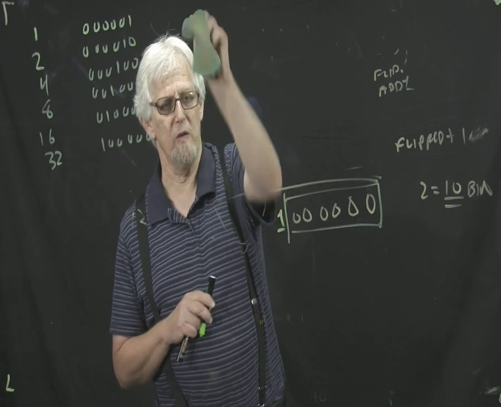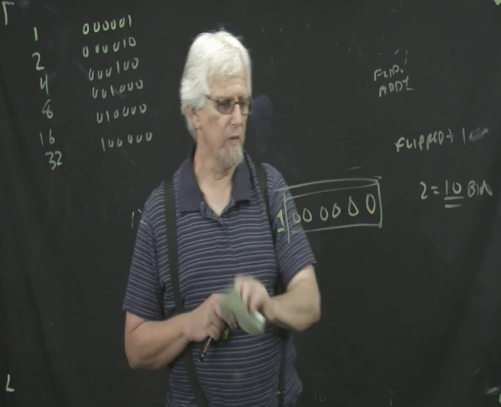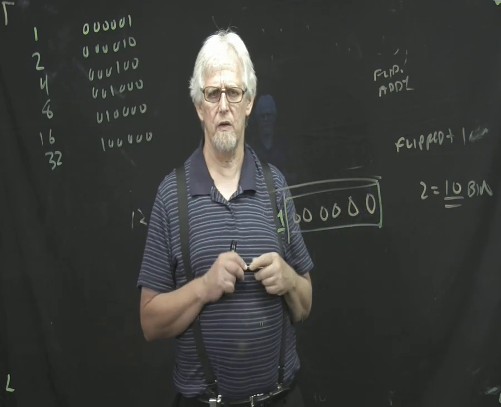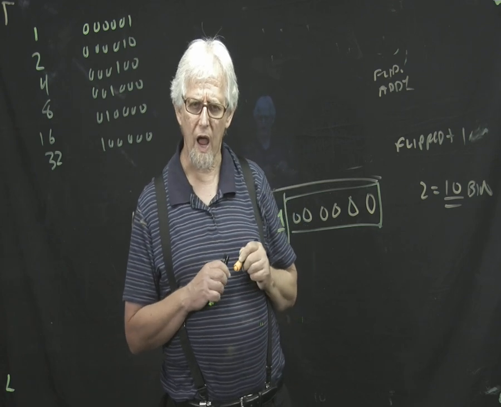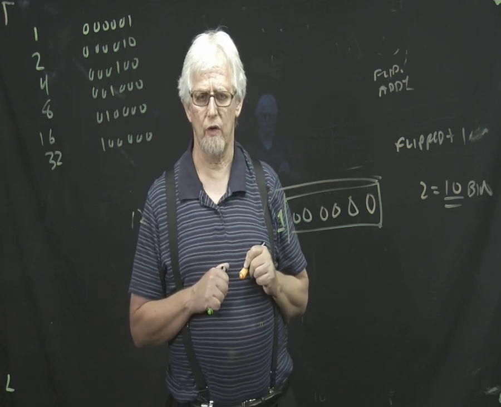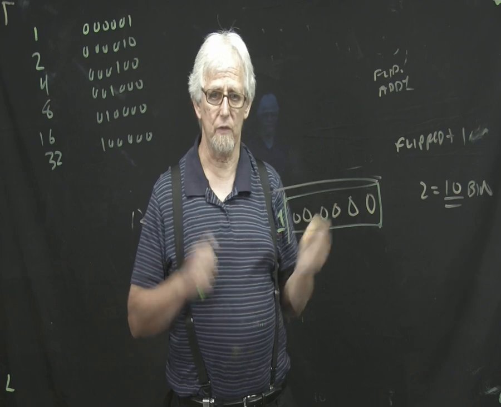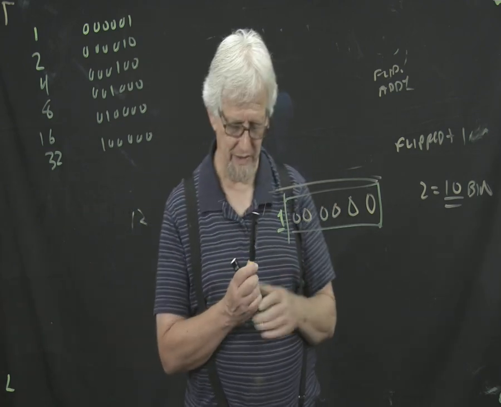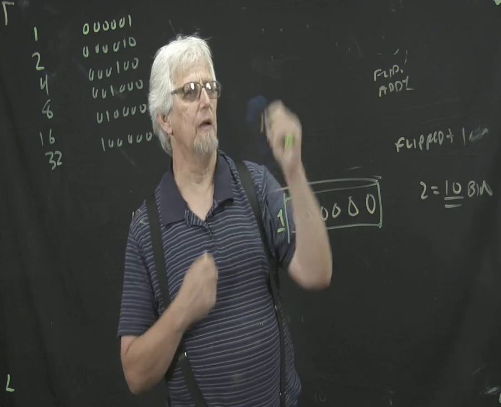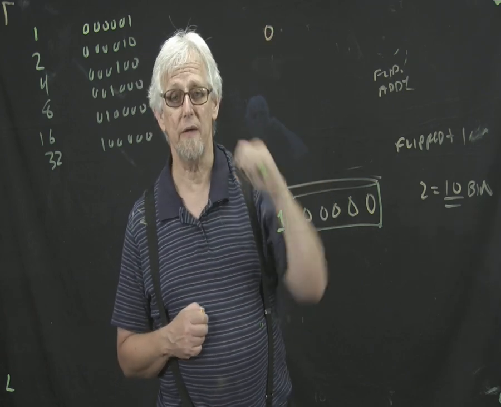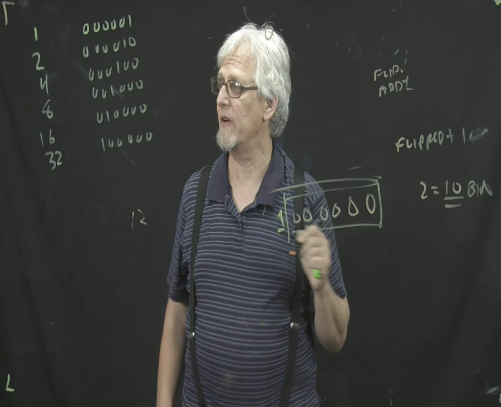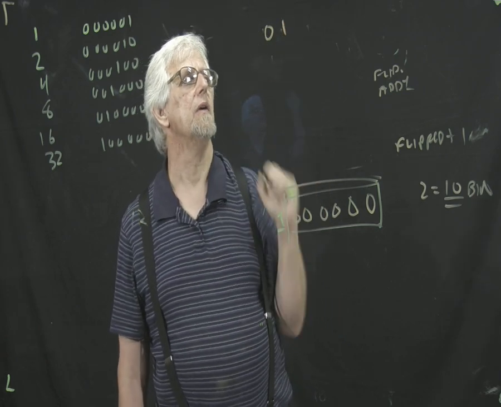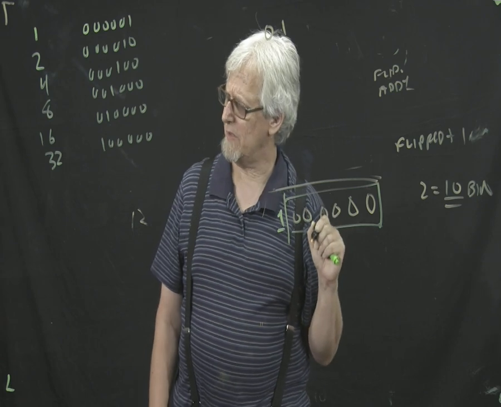Okay. Shall we just try one more real quick? Let's try, what do you want to try? So how about 29, okay? 29 is going to be 0, right? And then we have a 16, right? And then, so that's going to be 16 plus 13.